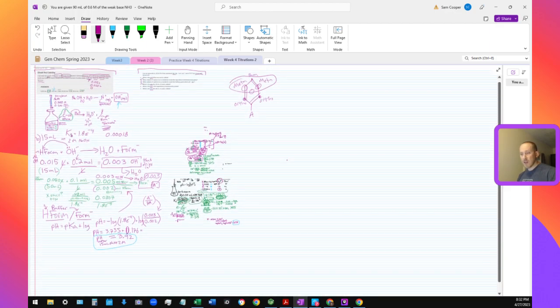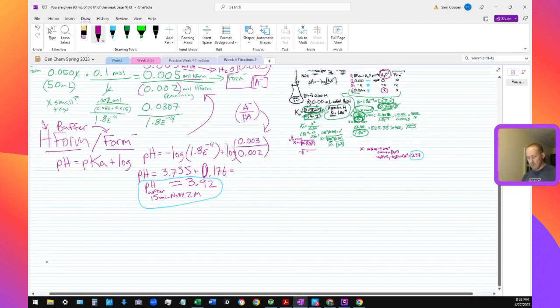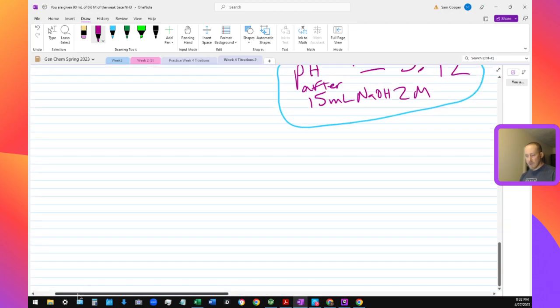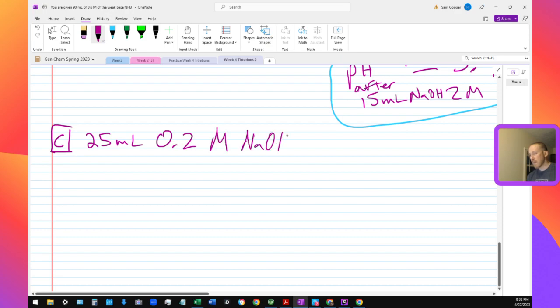So now we're going to introduce 25 milliliters. Okay, I'm not going to minimize that yet. I'm going to keep scrolling down. Okay, so part C. We're now introducing 25 milliliters of our 0.2 molar NaOH. So as far as the resultant, I'm going to try to gallop fast here, see if we can come even close to finishing all of these.